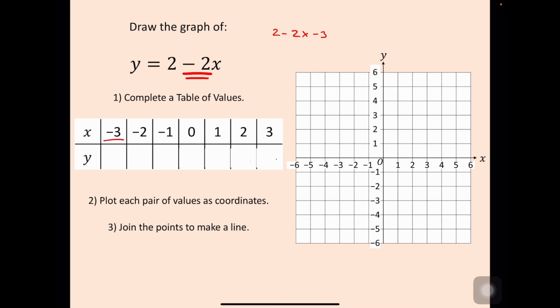Negative 2 multiplied by 3. So it's 2 take away, the answer of this is a negative 6. 2 take away negative 6 is the same as 2 plus 6. So the answer is 8.